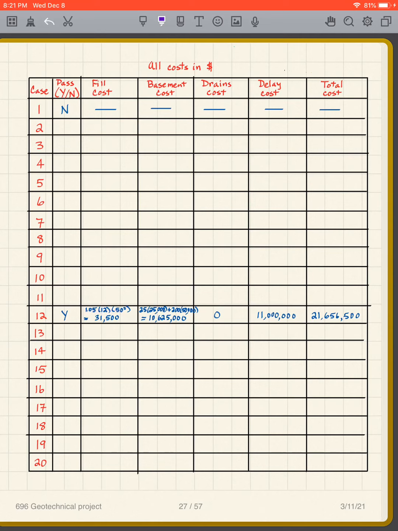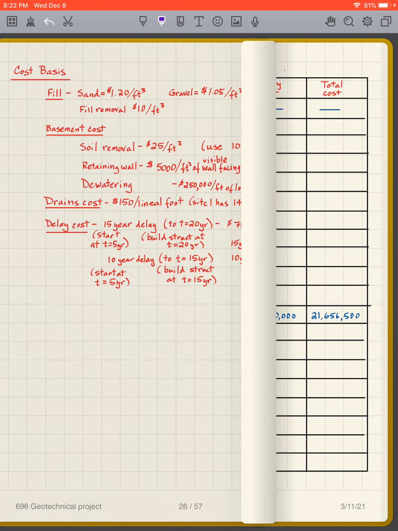And then we're looking at the basement cost. We have to consider both issues with the basement, which is removing the fill, 25 times 25,000, and then the wall, the retaining wall, and that's 2,000 times 50,000, or 200 times 50,000.